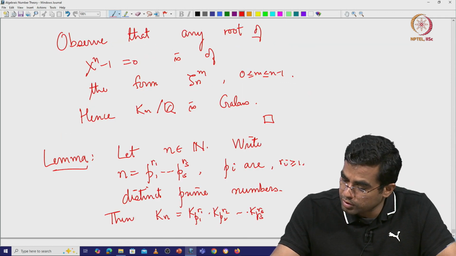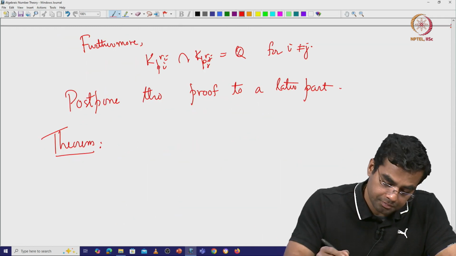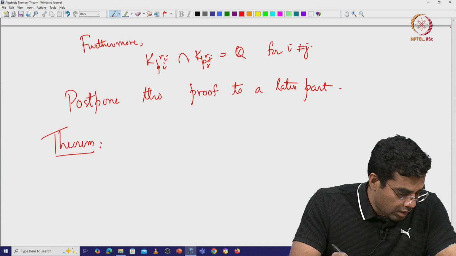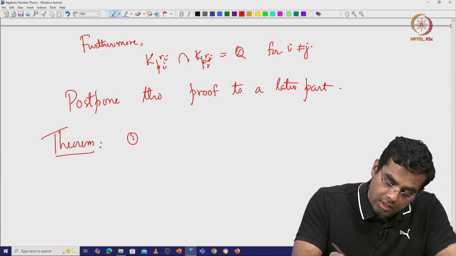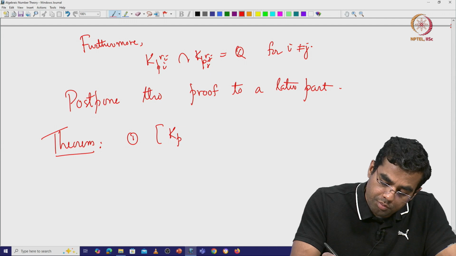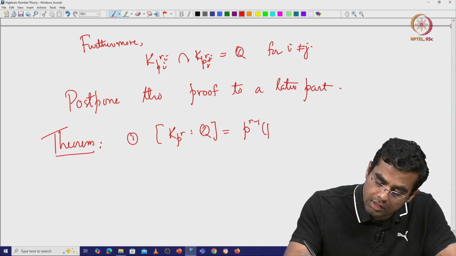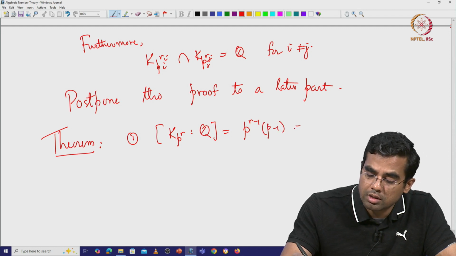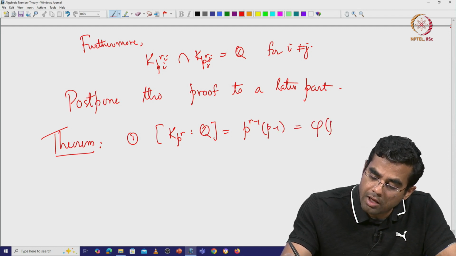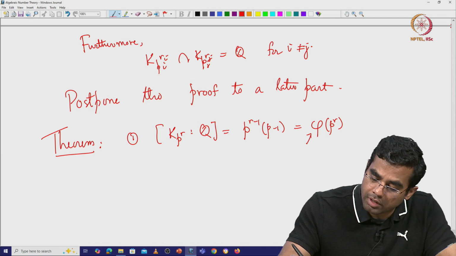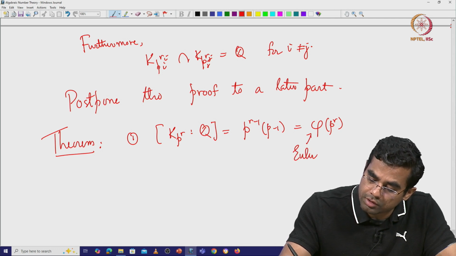And so, here is the theorem for prime powers. First, the degree of K_{p to the r} over Q is equal to p to the r minus 1 times p minus 1. Remember, this is also phi of p to the r, Euler's totient function.